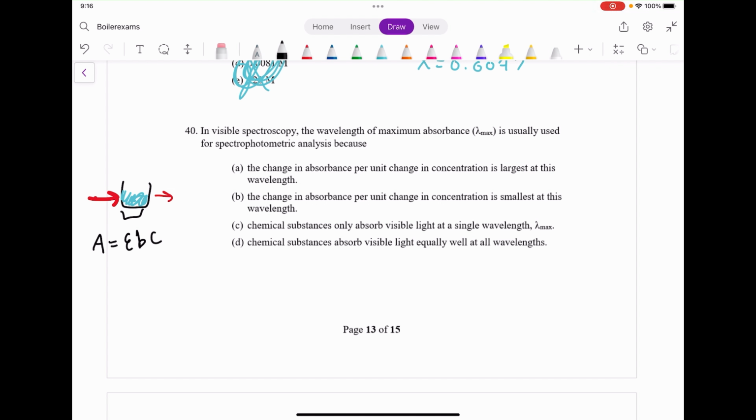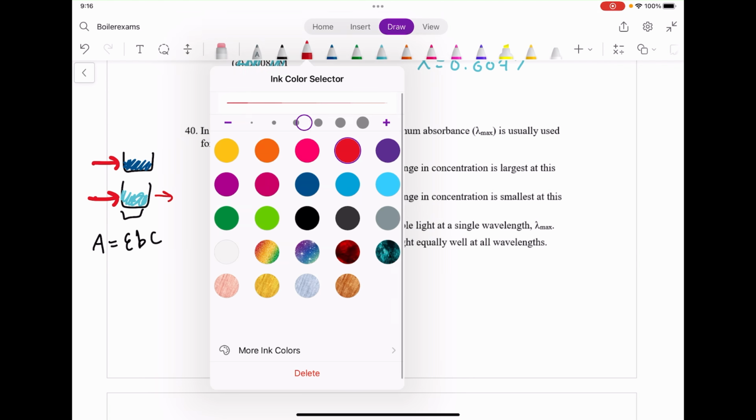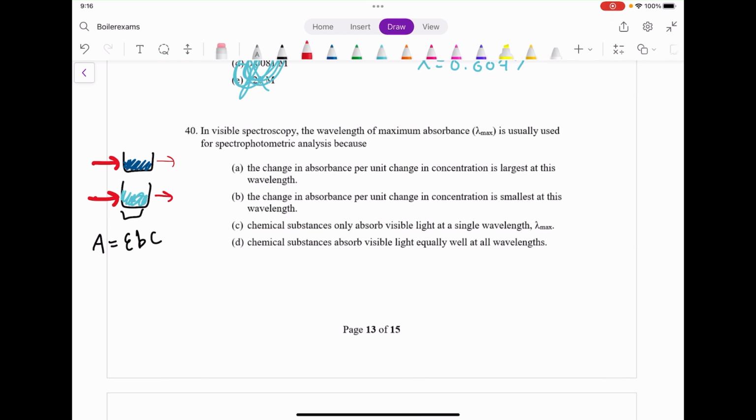If I had more of species X in there, so I'm showing dark blue now, it might absorb even more because there's more species in there to absorb. So that's why we have path length and concentration. Those are really just telling us how much species is in there that's absorbing.